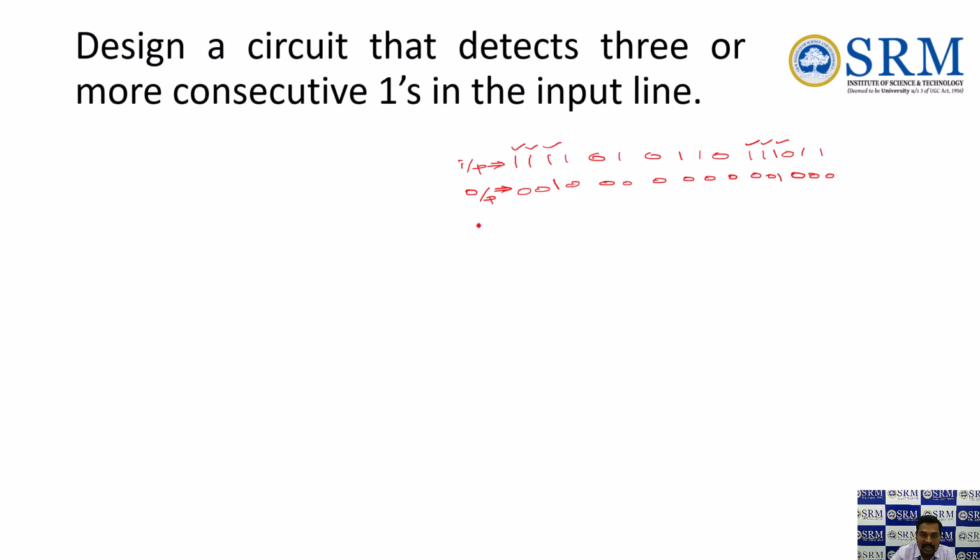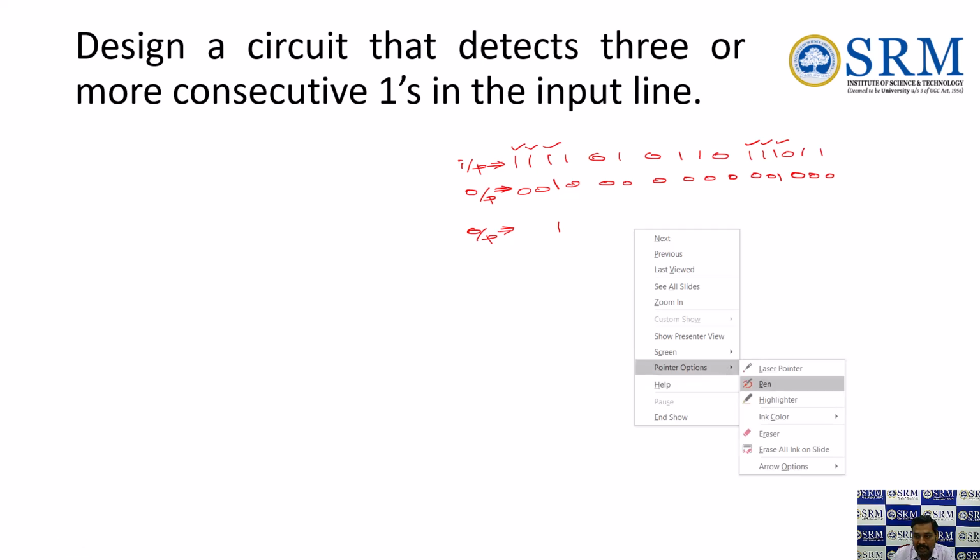If it is an overlapping sequence detector, then the output is, look at the first one, 1 1 1. So first we'll get three consecutive ones, we'll get 1. Then the first set I will mark in a different color so that you can identify it easily.